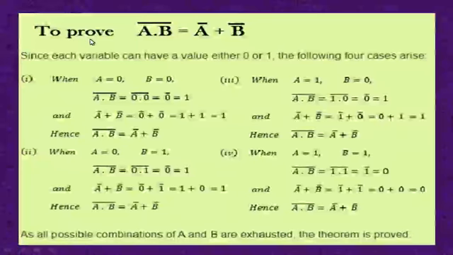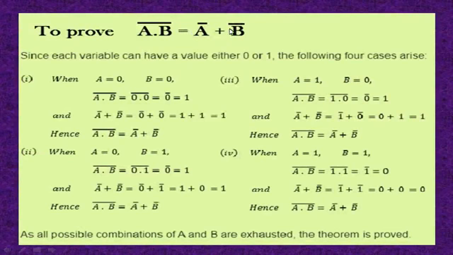Now to prove this De Morgan's second theorem, that is complement of product is equal to sum of their complements. Since each variable can have a value either 0 or 1, the following four possible cases arise. Now, when A is equal to 0, B is equal to 0, this is first case.